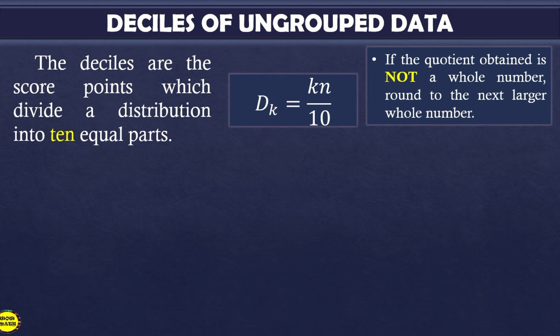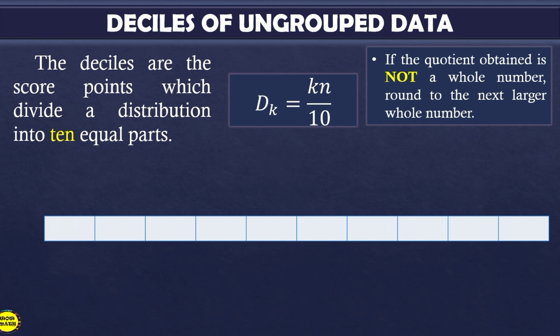Halimbawa, ang nakuha natin ay 5.05, gawin na natin 6. Nakuha natin is 5.10, gagawin nyo na siyang 6. 5.5, gagawin nyo ng 6. Okay? Tatandaan nyo ha. Kapag hindi whole number yung nakuha nyong sagot, lagi nyong i-round to the next larger whole number.